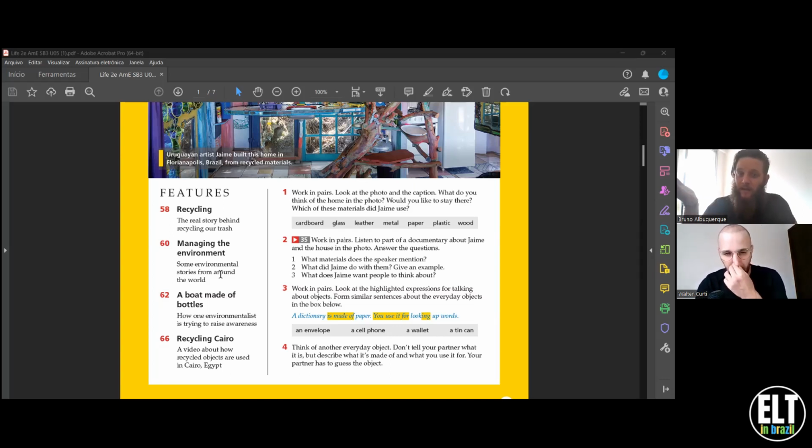And there is a listening activity, which I believe is another way of activating schemata together with the picture. But here's a question, and maybe we can wrap up with this question to our audience here. We are activating schemata for the unit, right?